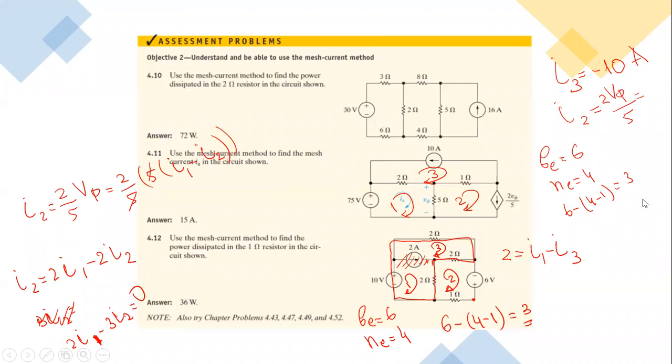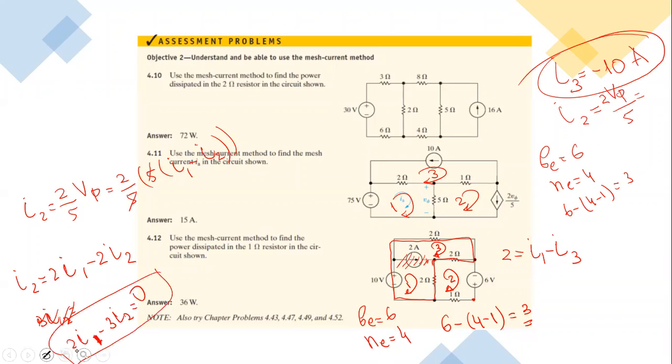So what is the equation? Let's double check. I2 is equal to 2 over 5 V5, and V5 is 5 times I1 minus I2. We cancel the 5s, so it will be 2I1 minus 2I2. If I bring I2 here, it will be 2I1 minus 3I2 equal to 0. Okay, so this is my second equation.